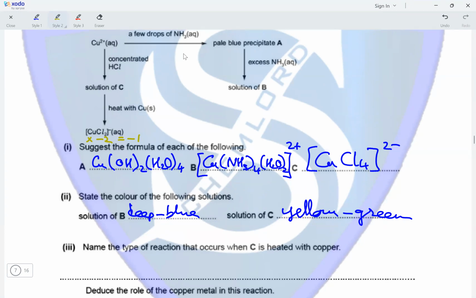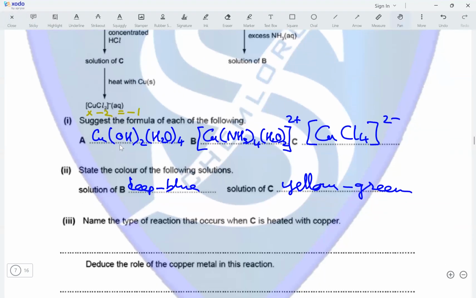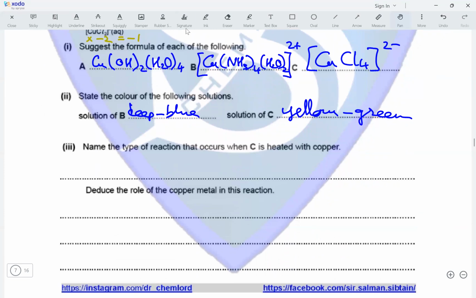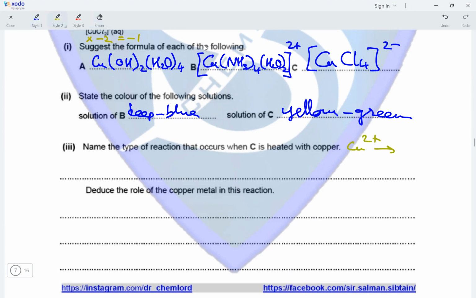So in the case of the reaction with heating of copper, we have Cu2 plus going to Cu positive. So Cu2 plus is converted to Cu plus. So this is reduction. So the name of the reaction is reduction.